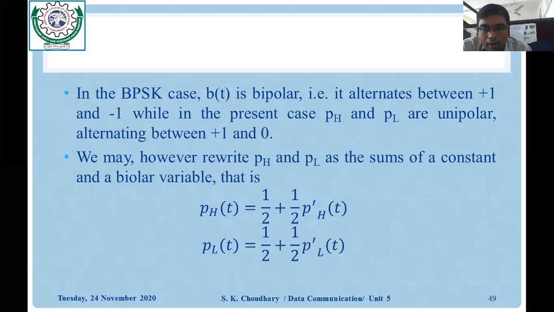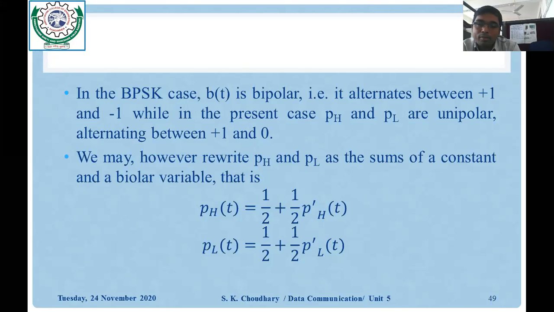So automatically you can see that PH and PL remain unipolar. But as we are mapping with respect to the bipolar BPSK signal, we have to define or break PHT and PLT in terms of P dash HT and P dash LT, where P dash H and P dash L are bipolar signals.